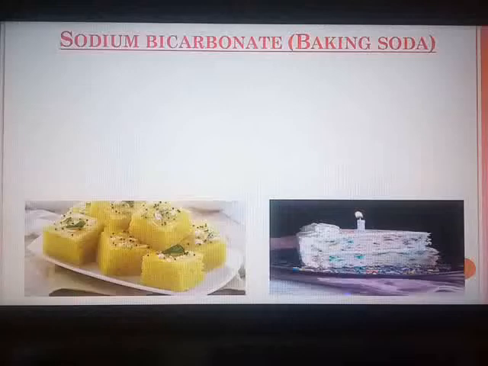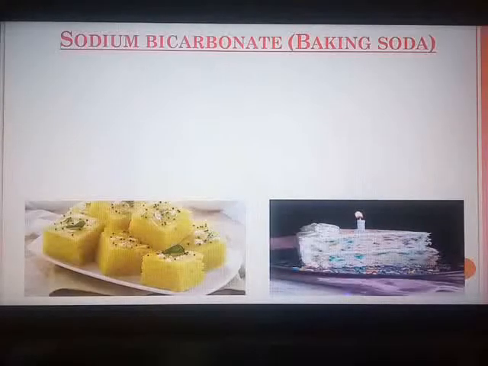So this baking soda has a major role in making these dhoklas very soft and fluffy, or same for cakes, or your mother might be making crispy bhaji at home. Even you can see the cake is very porous and soft. You all love eating such things.